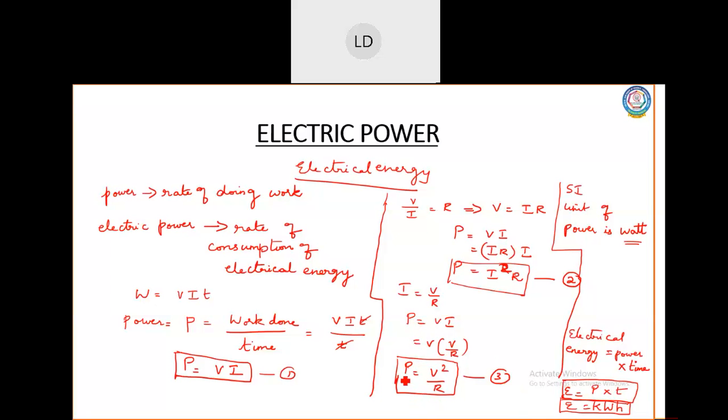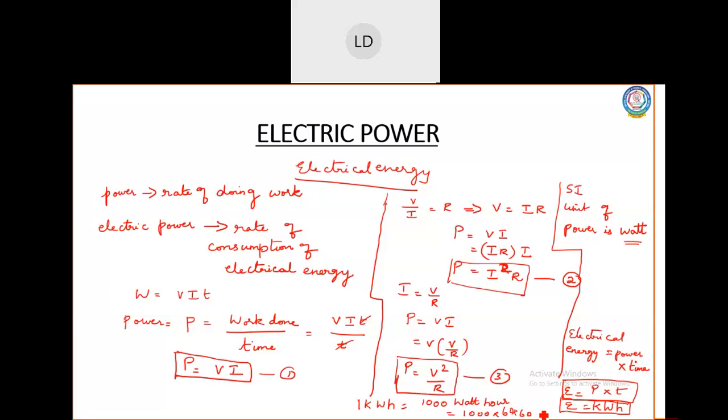So 1 kilowatt hour. Now 1 kilowatt is 1000 watt, right? So 1000 watt hour. Okay? So I will take 1000 into, now convert this hour into seconds. So it is 60 into 60, 3600 seconds.